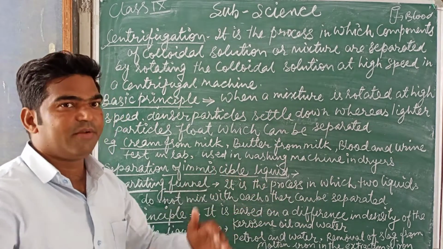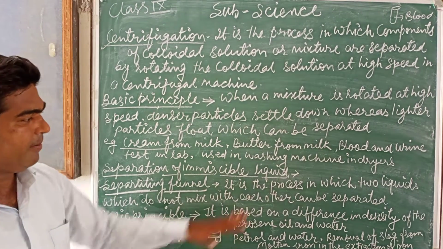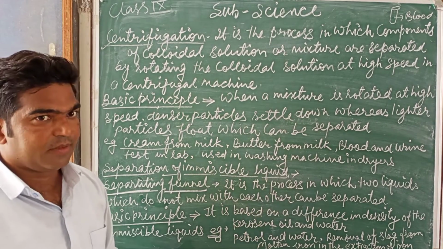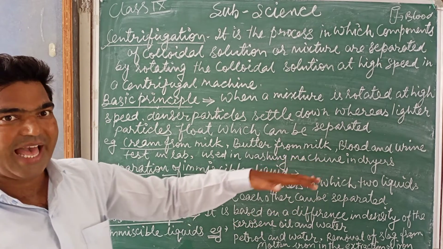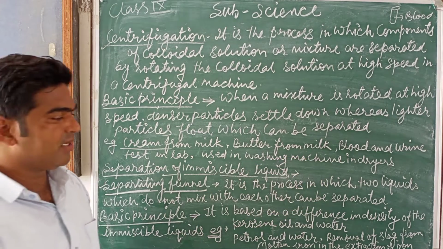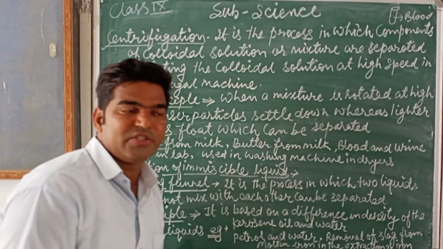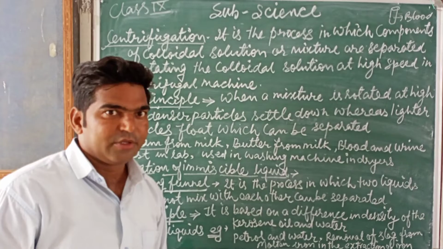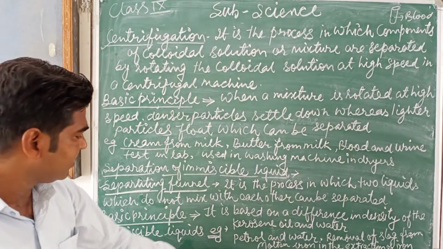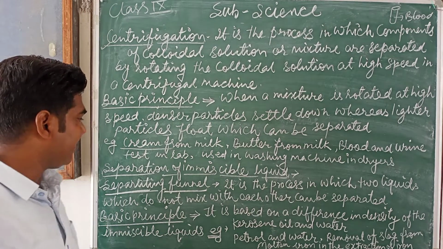It forms different layers based on their impurities. Which have the high density remain at the bottom, and which have the low density are in a floating stage. So in this way we can separate by using the separating funnel.